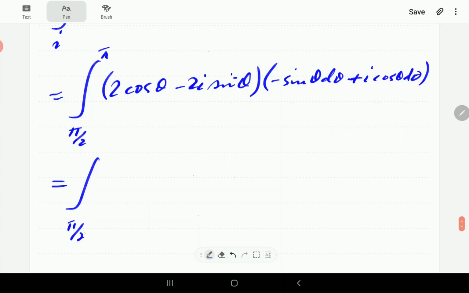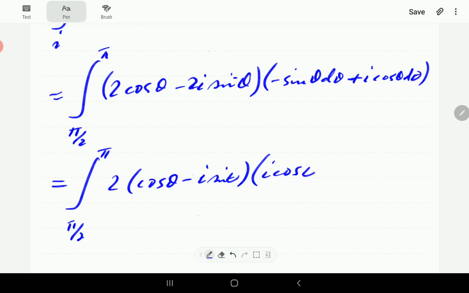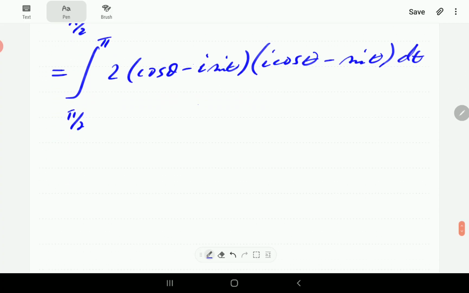I'm later going to show you a route we could take using Euler's formula, which is going to be much more convenient. So I just factored out 2 there, and if I factor out d theta, I'm going to have i cosine theta minus sine theta d theta there.